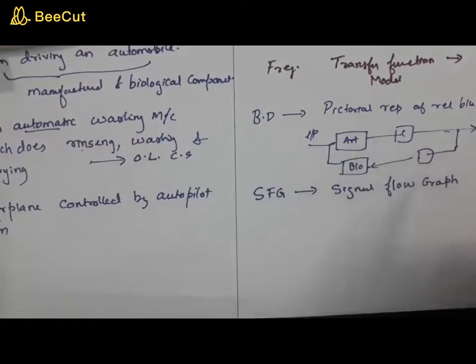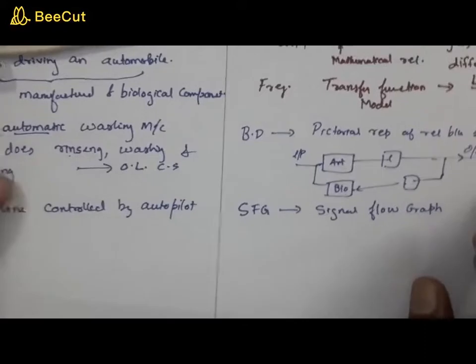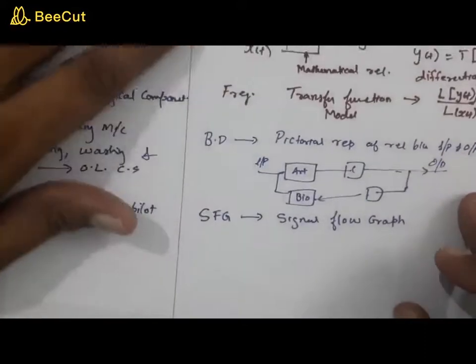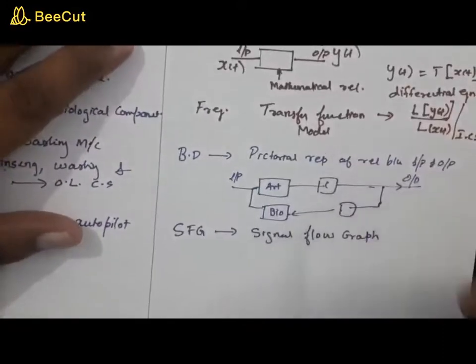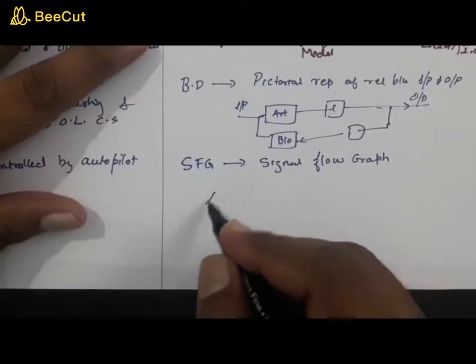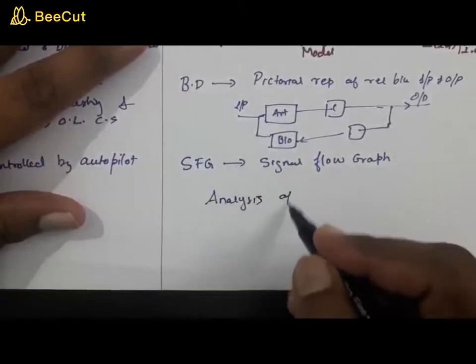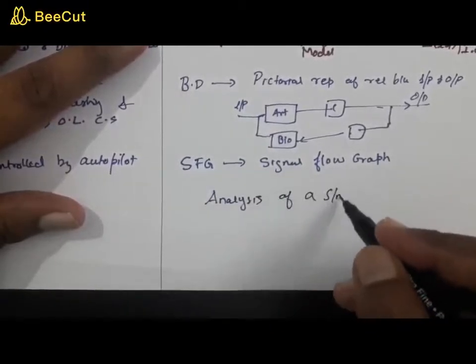Okay, now we have just seen the different types of models, and why do we need to study them? The model is for analysis of the system. For the easy analysis of a system, we need models.